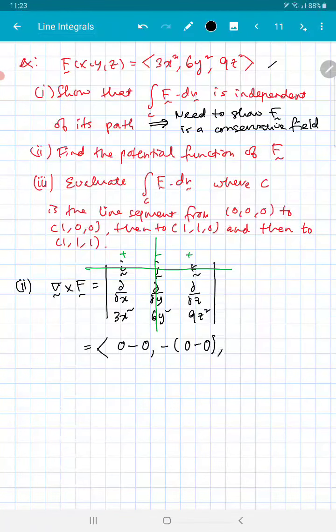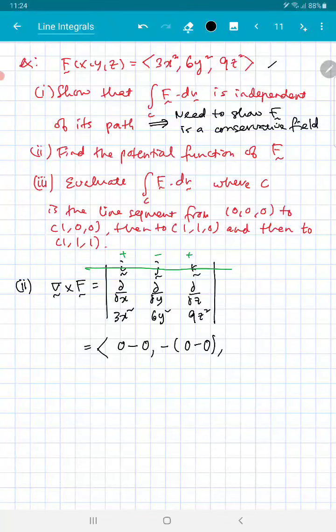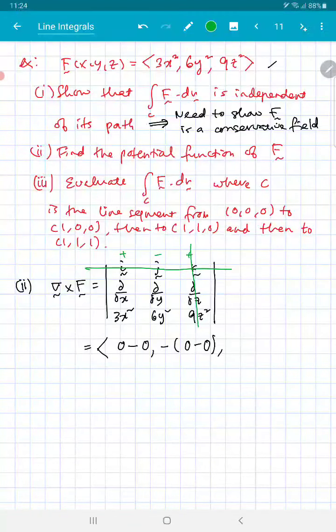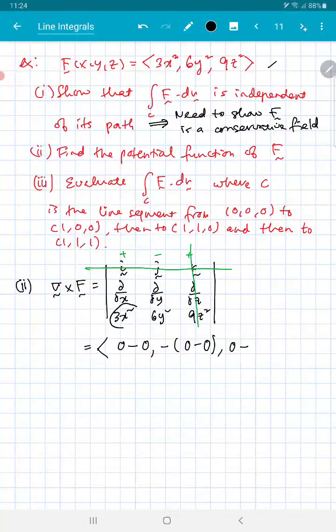Okay, now the z component. For the z component, the sign is positive again, and we cross out first row, third column. We get partial x of 6y squared, that would give us a 0. And then we have partial y of 3x squared, that is also 0.